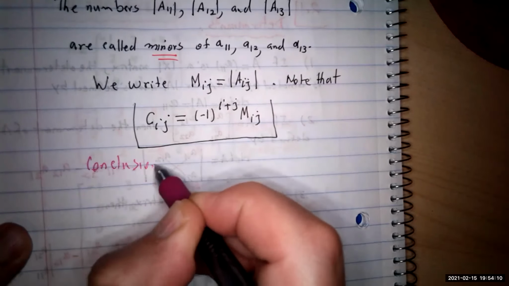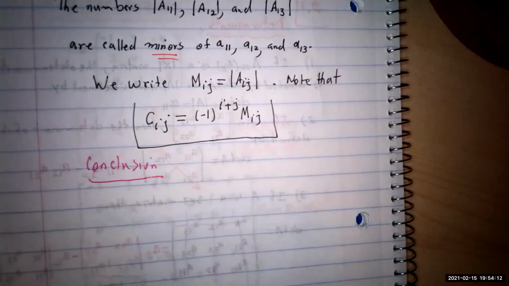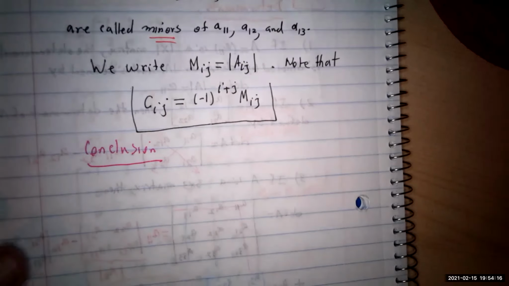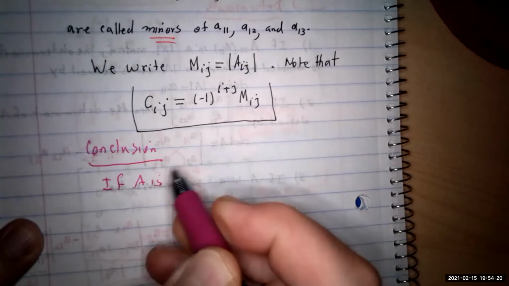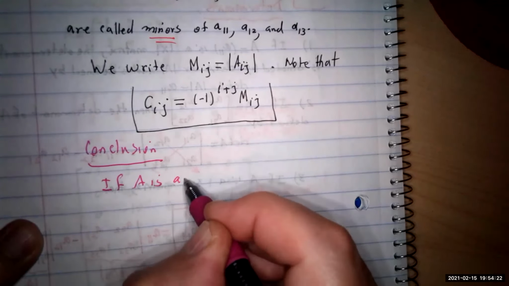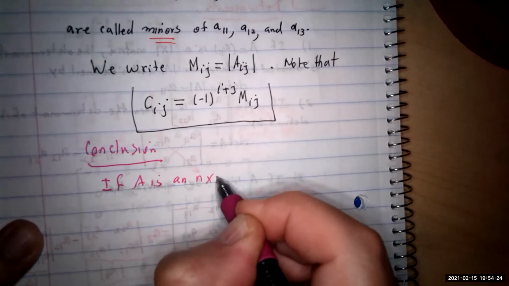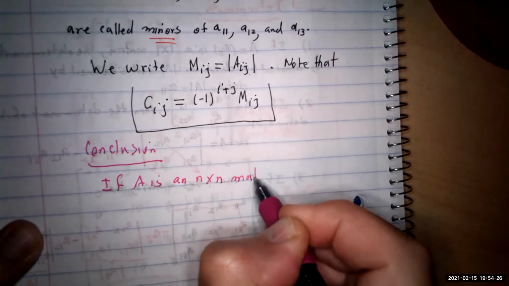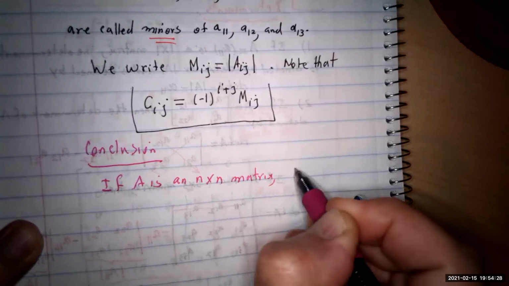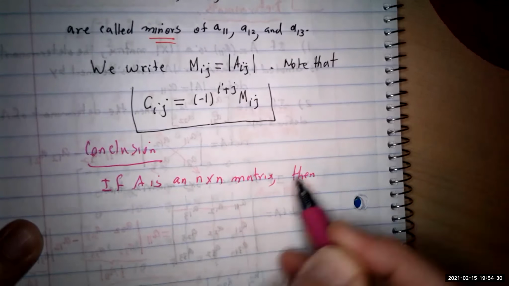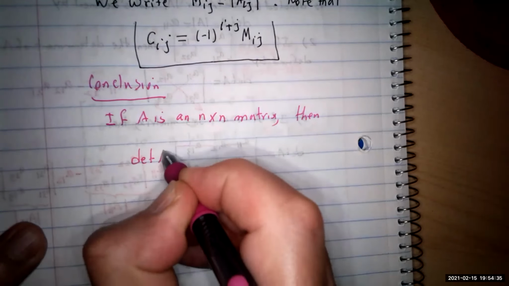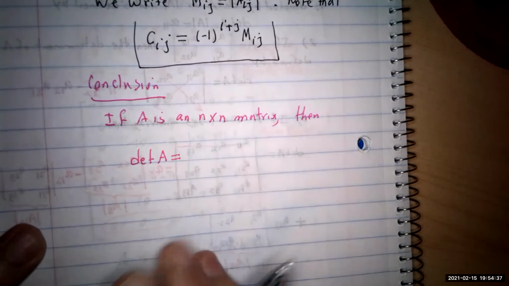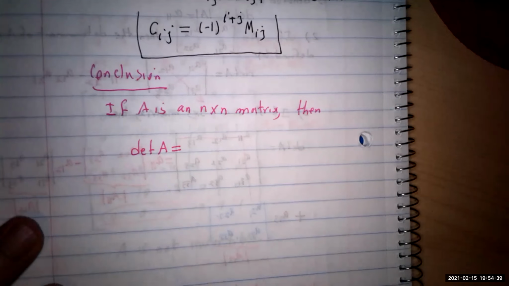that if A is an n by n matrix, then we can define the determinant of this matrix, the determinant of A. You see, you pick one row and you expand along it.